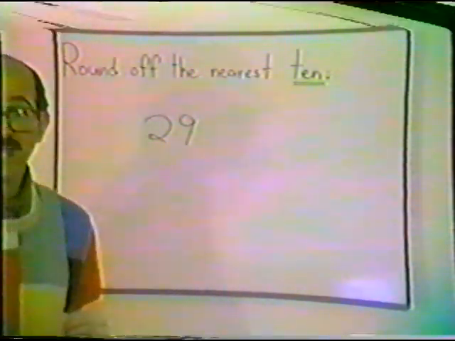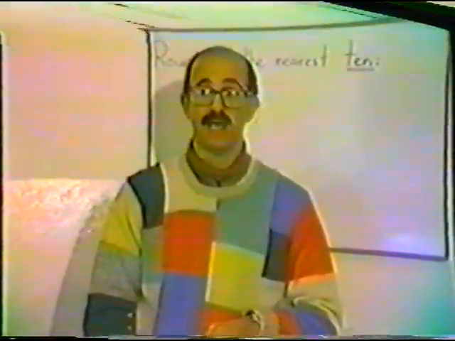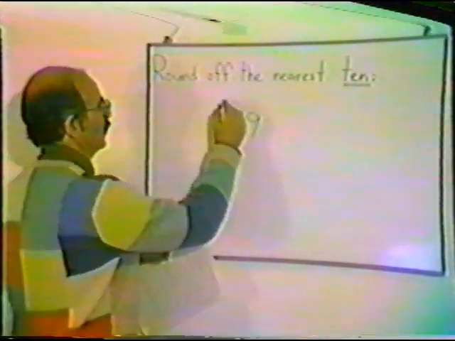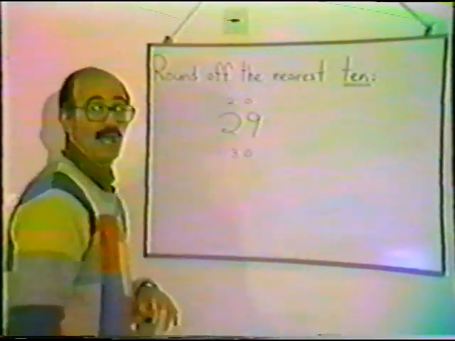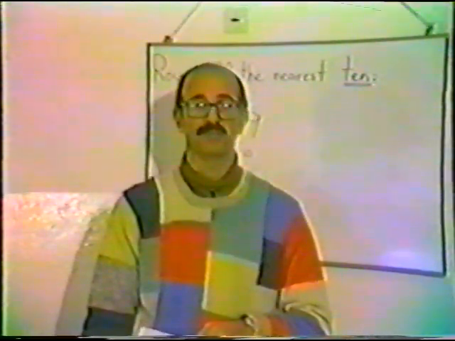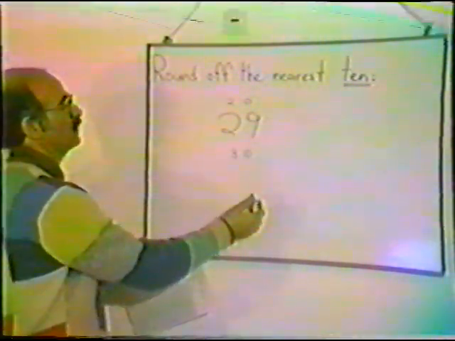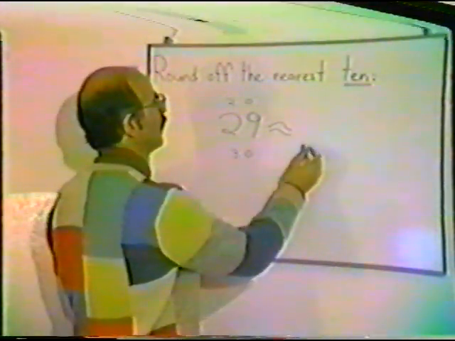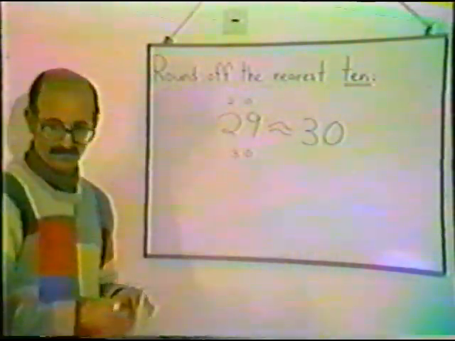If we were counting by tens, what two numbers is that in between? 20 and 30. And which of those two numbers is it closest to? 30. You can see that 29 is closer to 30, so we say that 29 rounded off to the nearest 10 is 30.